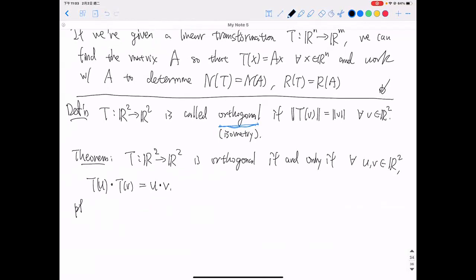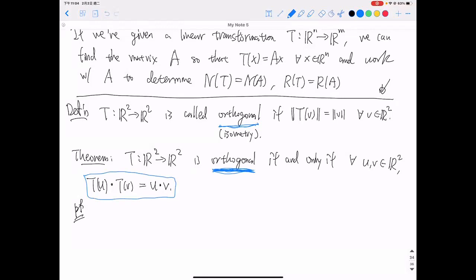All right, so proof of this. First of all, this theorem makes the name orthogonal make a bit more sense, because being orthogonal is defined using the dot product, and this equation just means that the transformation T preserves the dot product.